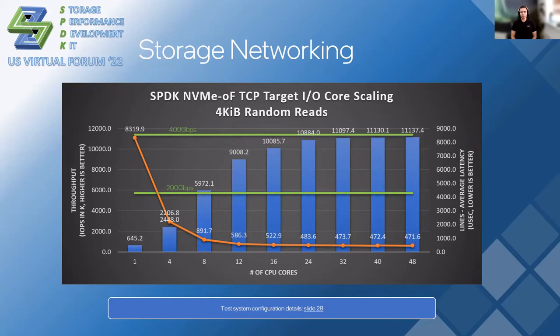Now, further adding additional CPU cores results in less linear performance improvements, and the peak is reached when using 32 CPU cores, which allows it to saturate the 400 gigabit network link.